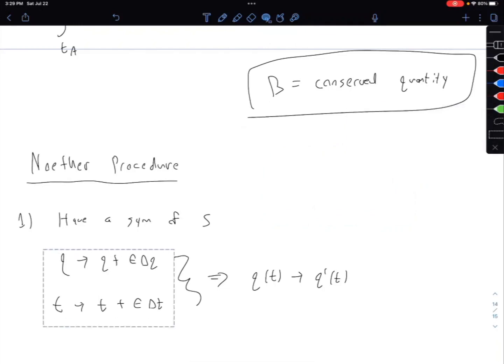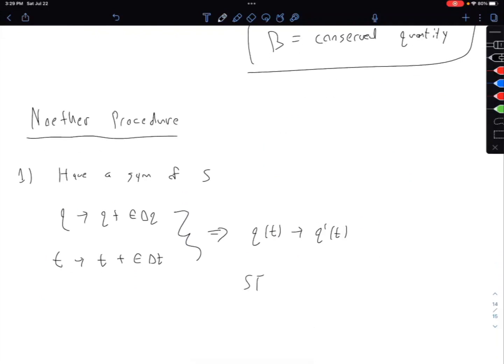Because it's a symmetry, you'll have that S of Q equals S of Q prime.